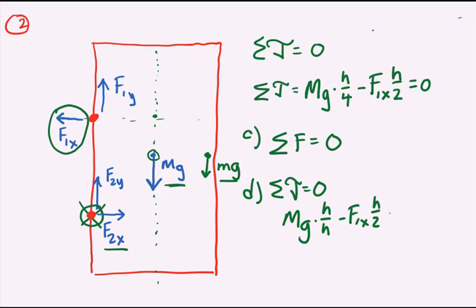But then we have the additional torque, and it's going to be clockwise, or right-hand rule into the paper, produced by mg, but notice this time it's all the way at the full width of the door, which is h over 2, and that has to equal 0. Now we just isolate for our value for F1x. You can see that the sign will still be negative in this case.